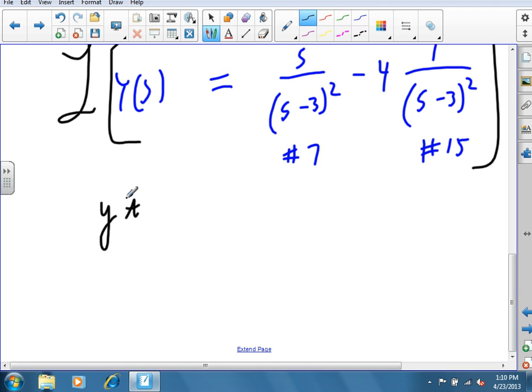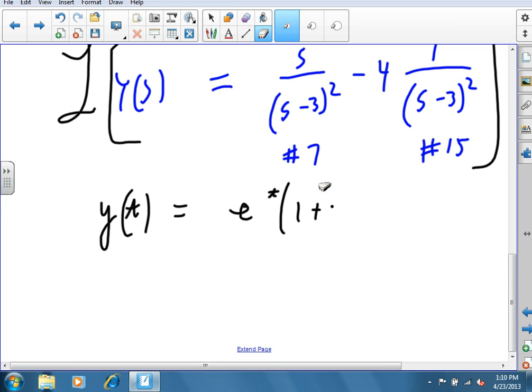Y of t equals 17, e to the at times 1 plus at. Well, let's put the a in. So I need a is minus 3.